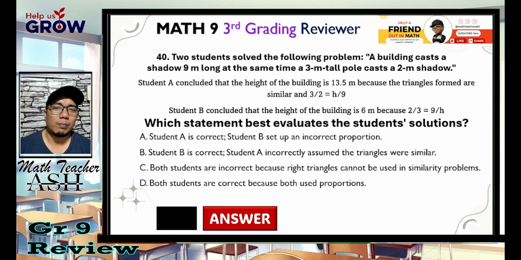Which statement best evaluates the students' solutions? Is it A, student A is correct, student B set up an incorrect proportion? B, student B is correct, student A incorrectly assumed the triangles were similar? C, both students are incorrect because right triangles cannot be used in a similarity problem? Or D, both students are correct because both use proportions? I'll give you 5 seconds to think about your answer.